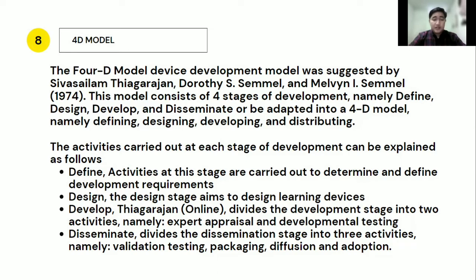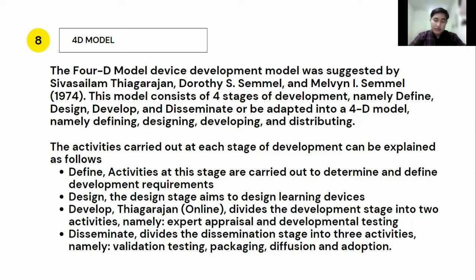The activities carried out at each stage of development can be explained as follows. Define. Activities at this stage are carried out that determine and define development requirements. Next is design. The design stage aims to design learning devices. And the third is develop.